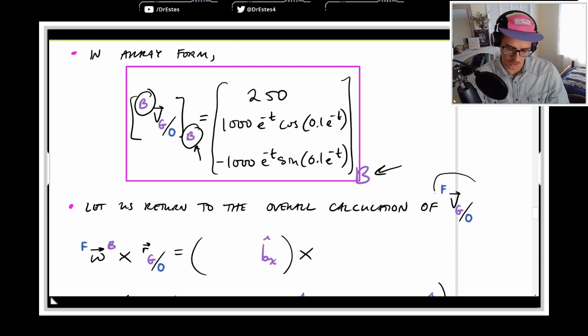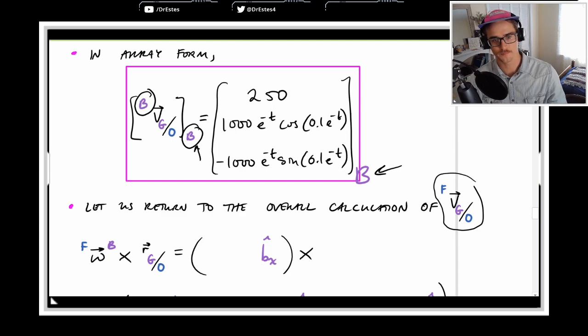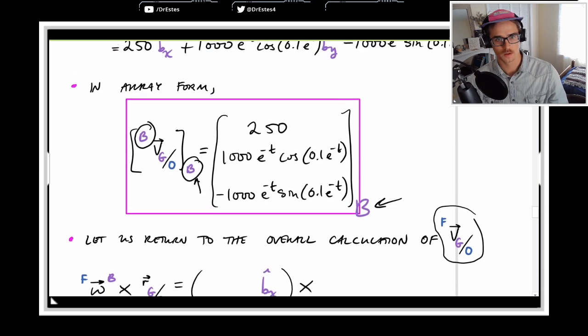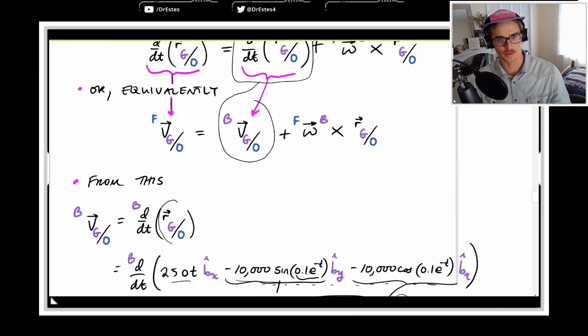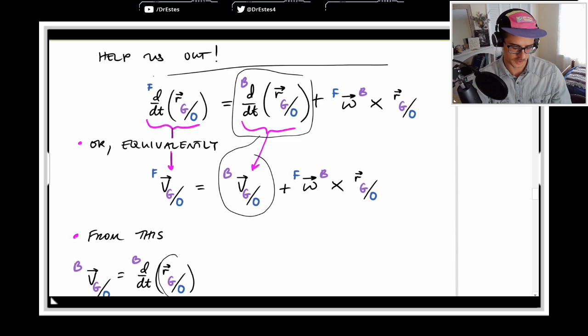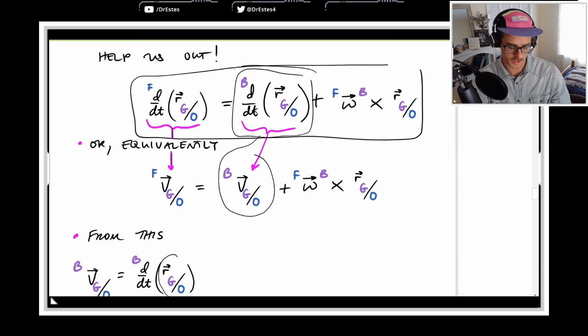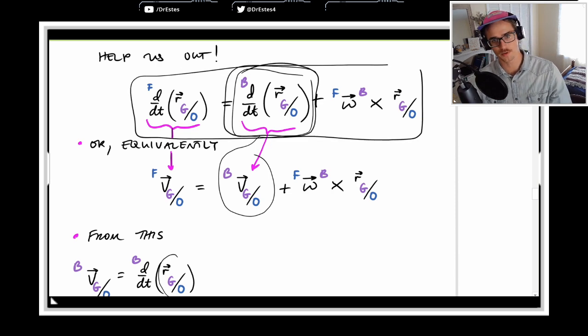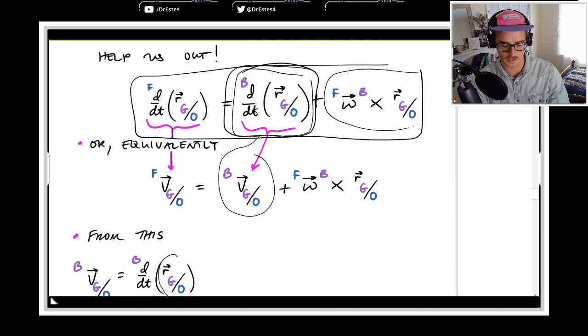All right, so let's go back to the overall calculation of the velocity with respect to the F-frame. So from the transport theorem, it's this whole thing. We just calculated this part, the derivative with respect to the B-frame, so we got to do this angular velocity cross product.